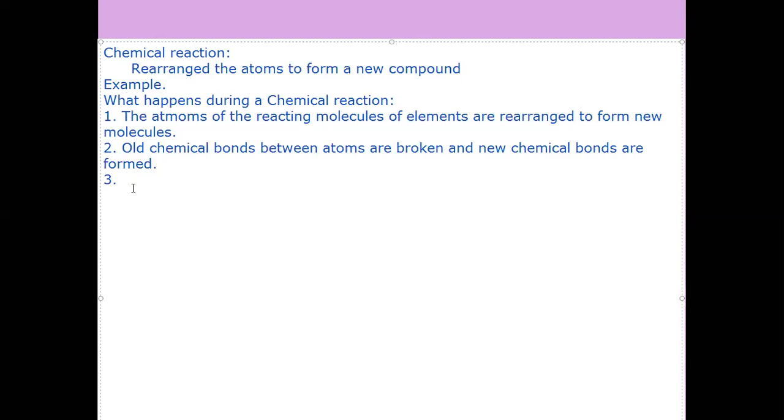Breaking a bond, energy is absorbed. Bond formation, energy is released. These happen due to chemical reactions.